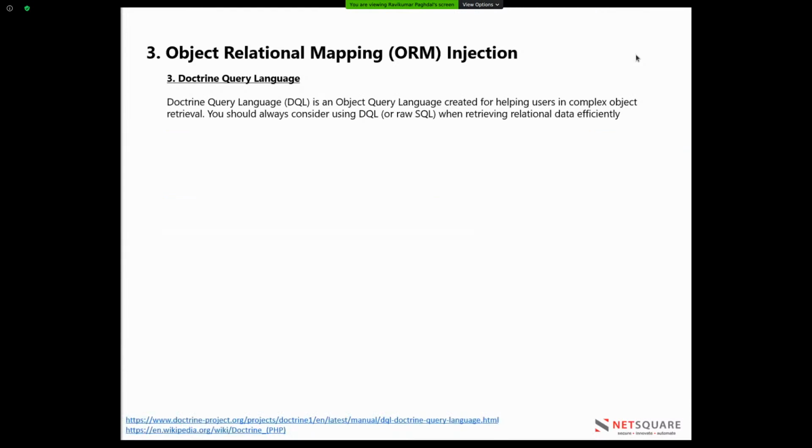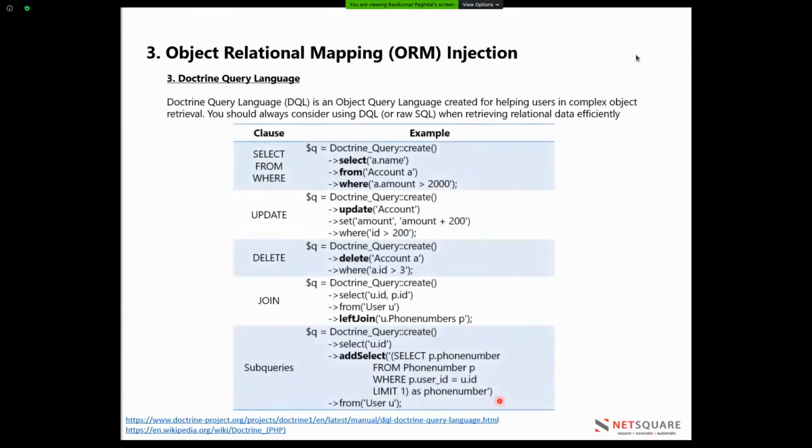The third one is Doctrine Query Language. DQL is normally used as an object query language for handling complex objects. DQL is supported for the PHP language. The syntax is something like select something from a table where a condition.